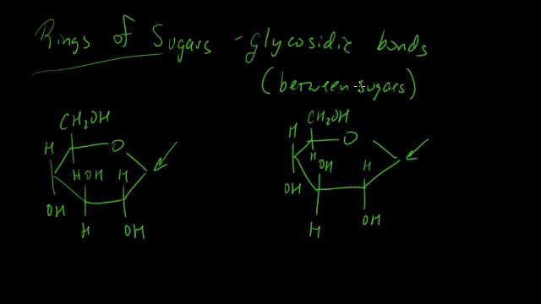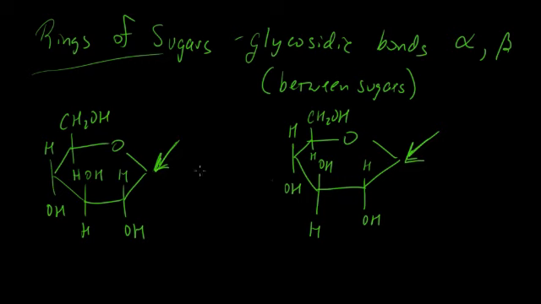And what we need to know is what version of the glycosidic bond are we talking about? Is it an alpha bond or is it a beta bond? And here, in each of these structures, I have an arrow pointing at the location where this bond is going to occur.